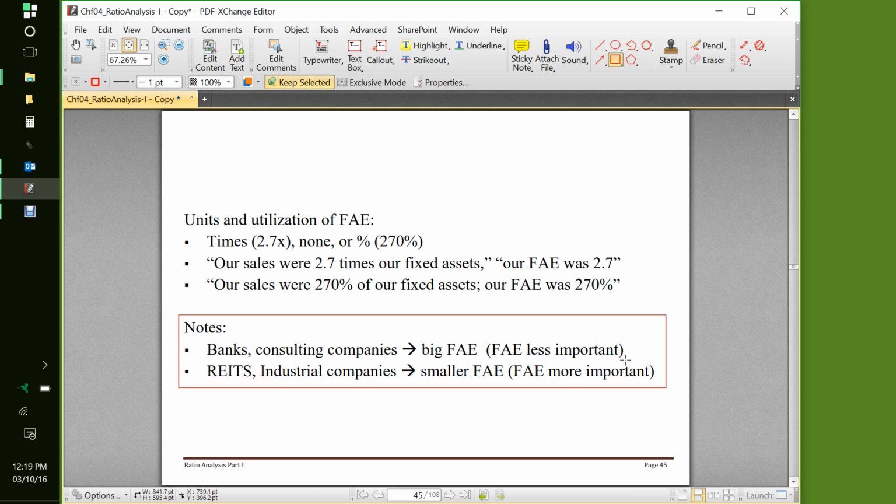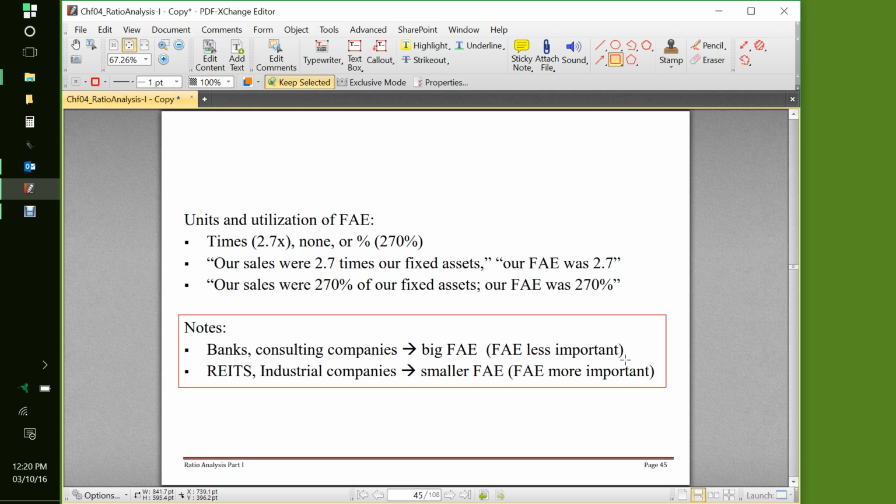JP Morgan Chase could choose to just rent all of its office space, okay? It could choose to rent all of its office equipment, its copiers, even lease all of its laptops and desktop computers and things like that. So JP Morgan Chase could be run with zero property, plant, and equipment.